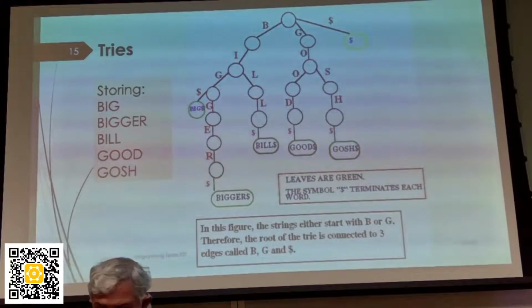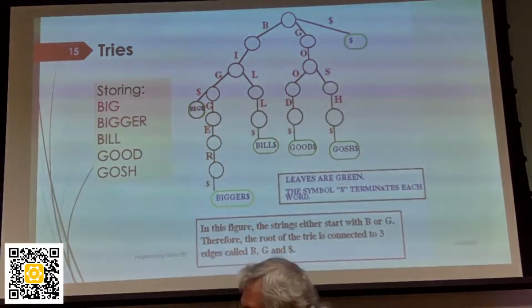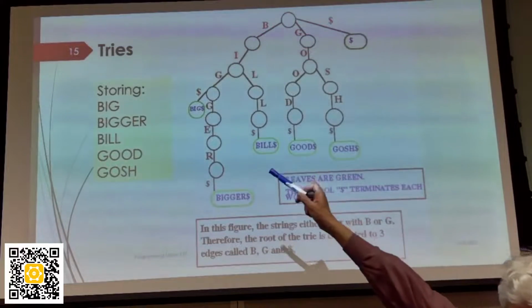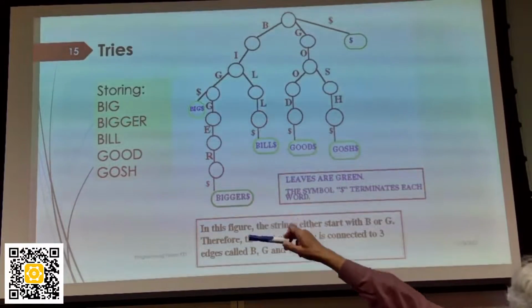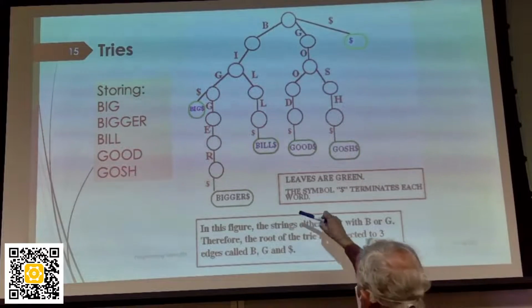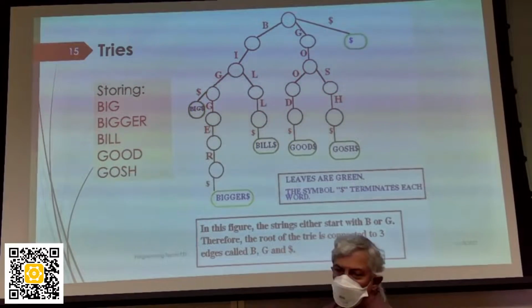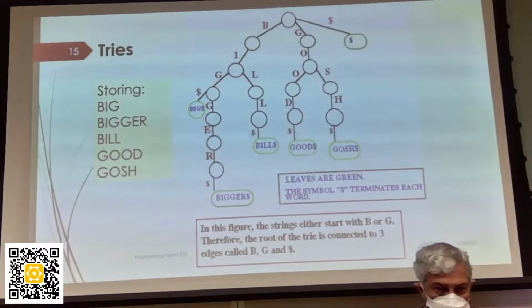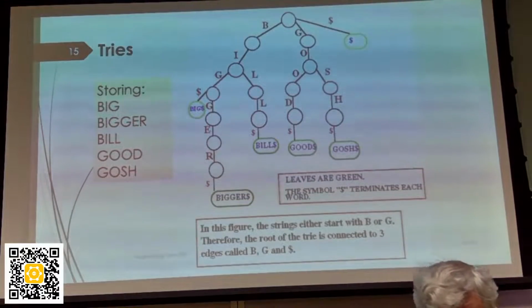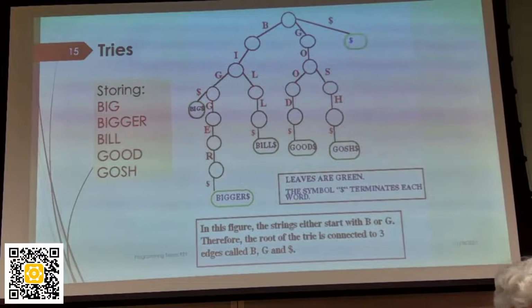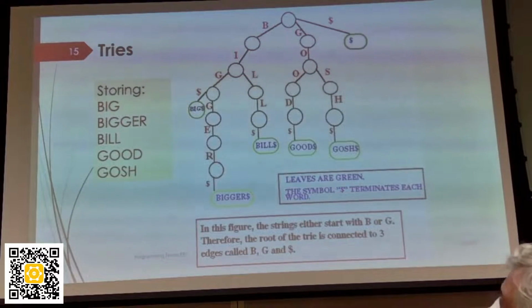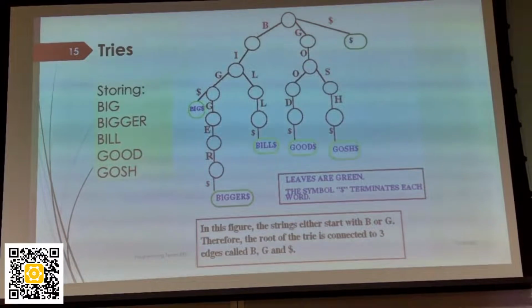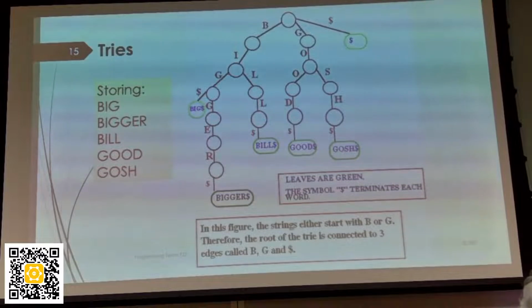So it's one letter at a time. But this tree tells me exactly what to do. It says if it's a B, take that path. If it's an I next, take that path, and so on. If you ever reach one of these leaves, you can say I found the word. So here, we're not just looking at one text, we're looking at a collection of words, a dictionary. So yet another different example, right?